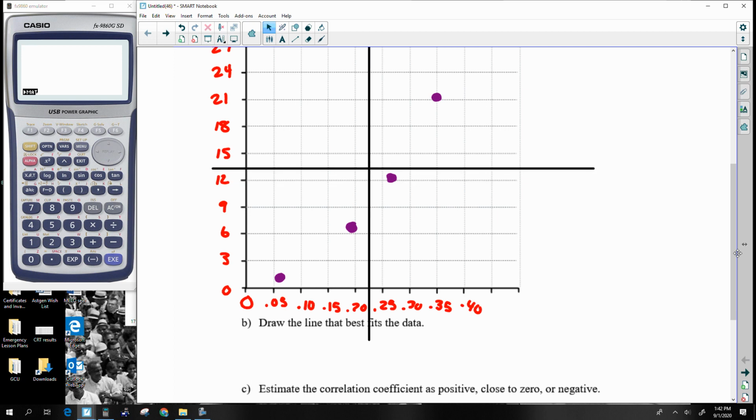It's 12, 13, 14. 13.4 would be almost in the middle. Okay, and that's my picture.